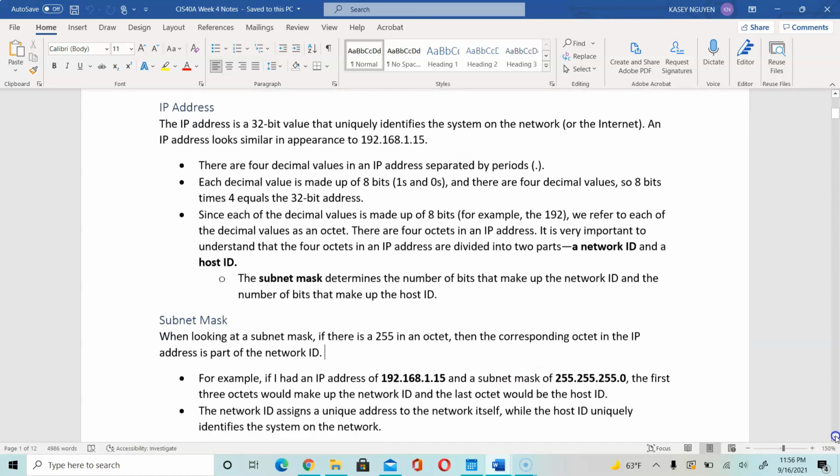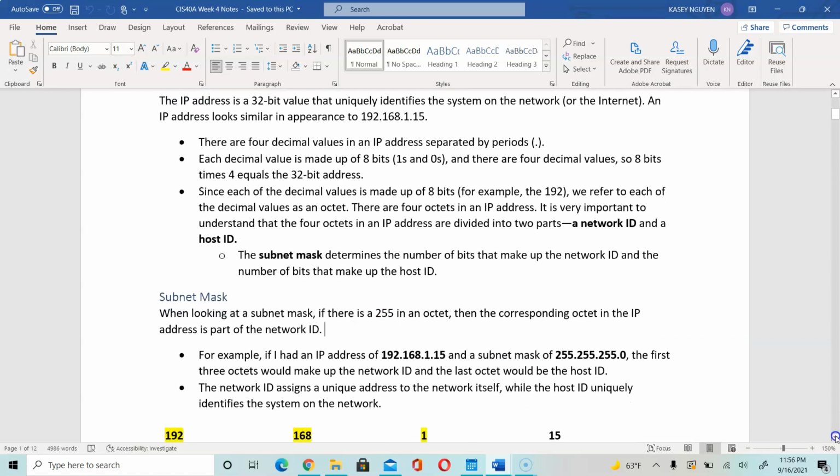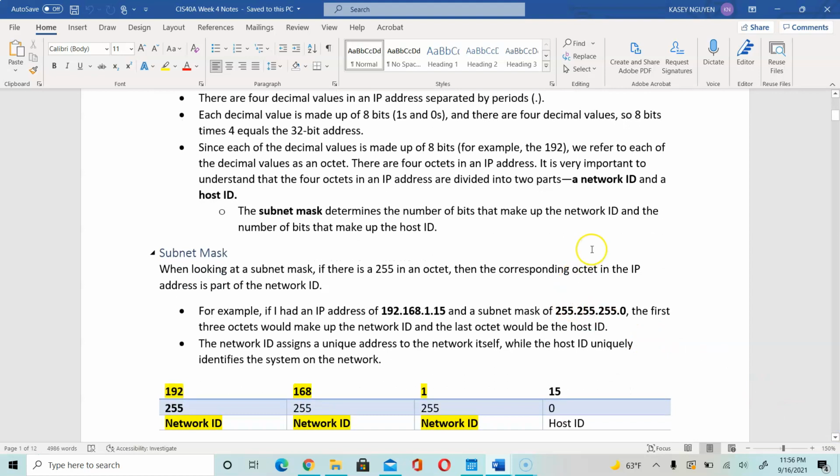For example, take 192.168.1.15. This is a Class C address, and it would have the subnet mask 255.255.255.0. That means the first 3 octets are the network ID, which is how the system identifies which network it belongs to.